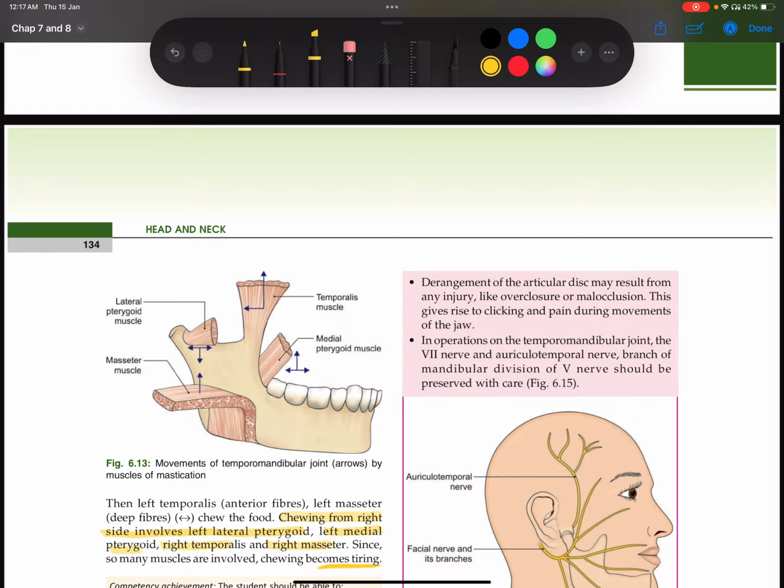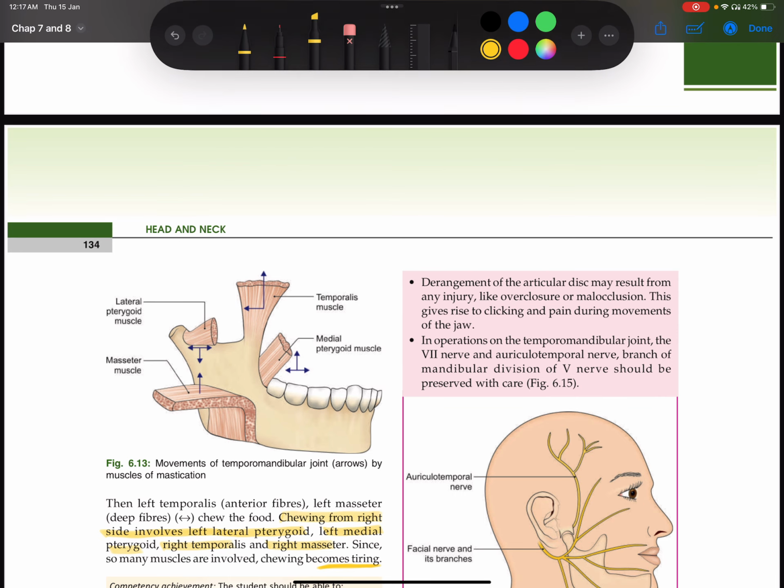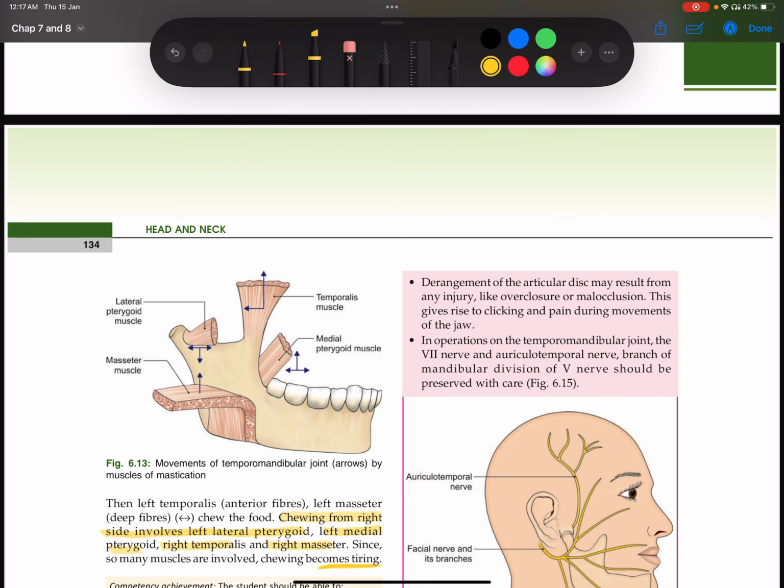Then retraction is done majorly by the temporalis. So temporalis does the retraction and masseter does the elevation. But temporalis can also do elevation and medial pterygoid can also do elevation. Protraction is done by the lateral pterygoid, depression is also done by the lateral pterygoid, and mild protraction is done by the medial pterygoid.